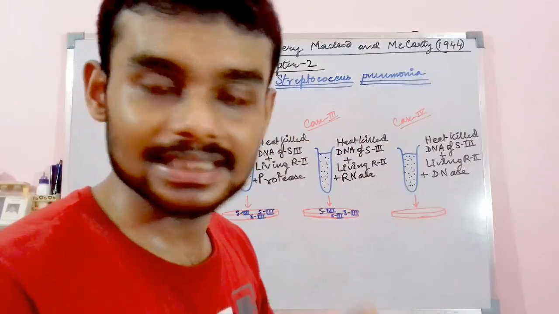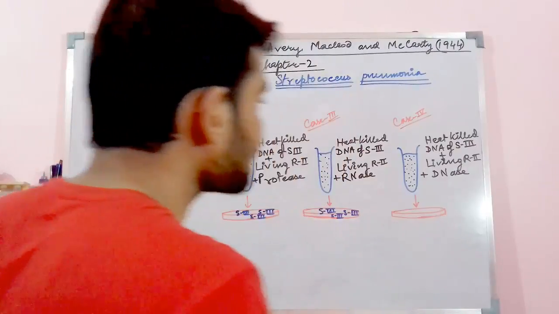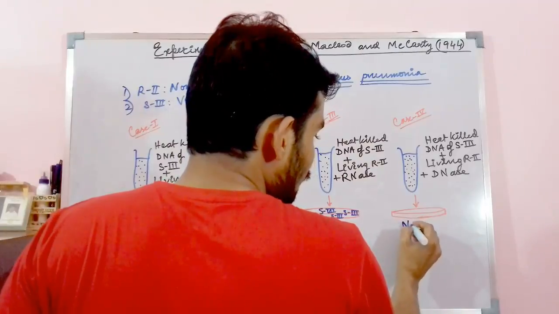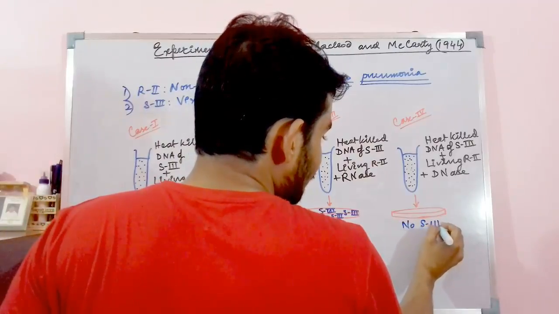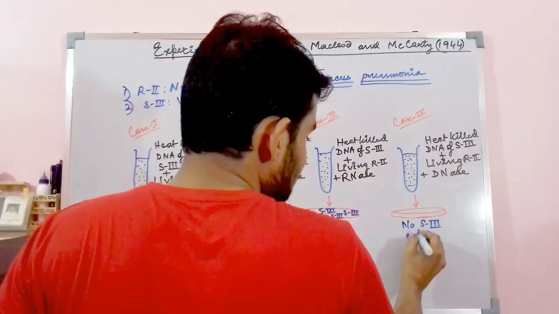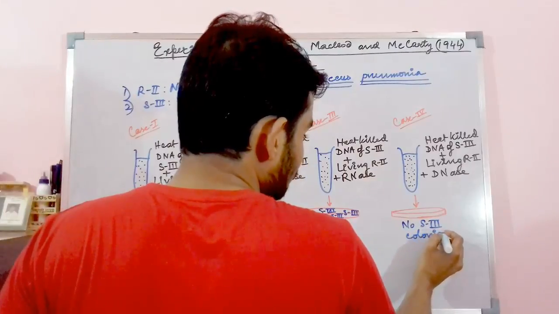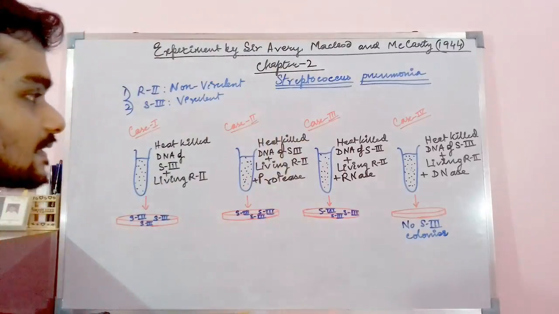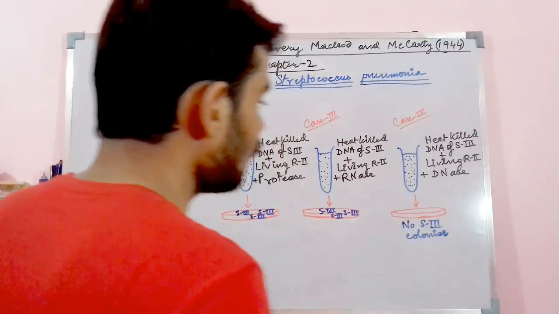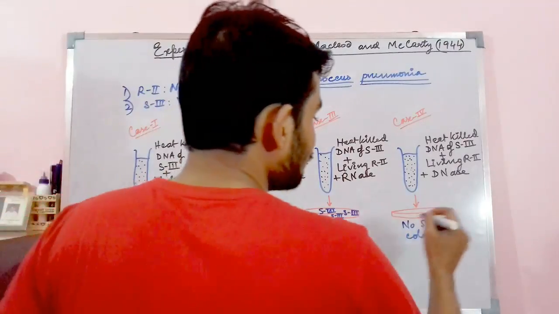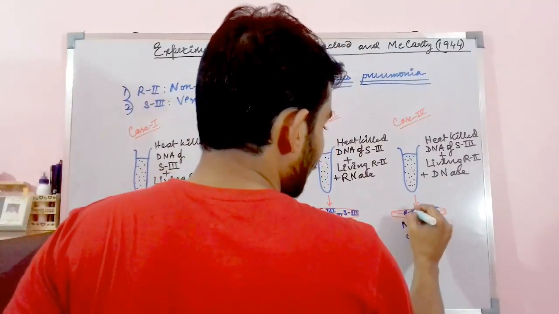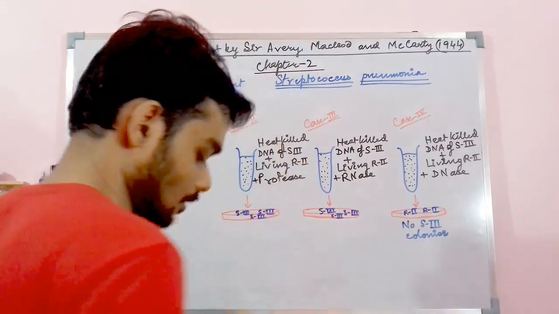Now DNase denatures the DNA. In this case, what happens? No S3 colonies developed at all. Only some living R2 type strains were found.